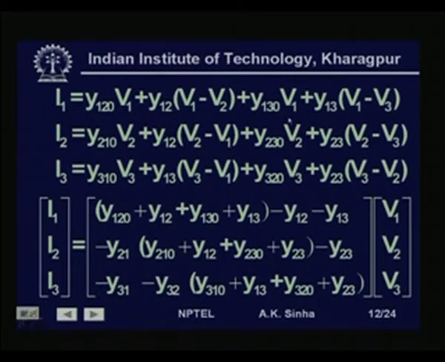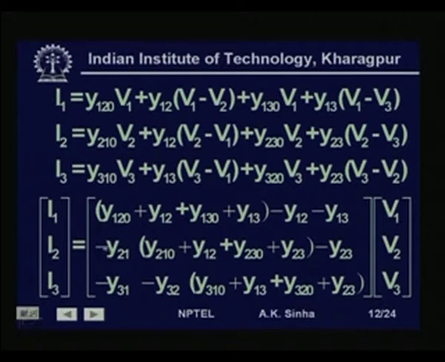that is V1, V2 and V3, and can be arranged in matrix form as I1, I2, I3 equal to, here in this matrix, we have Y120 plus Y12 plus Y130 plus Y13 into V1. So, we have this element, minus Y12, minus Y13.